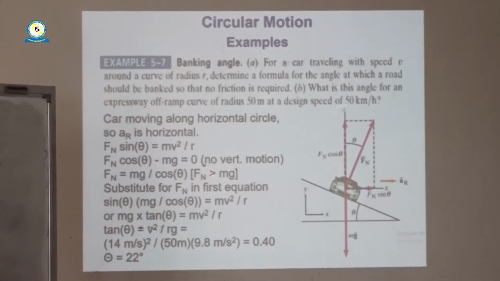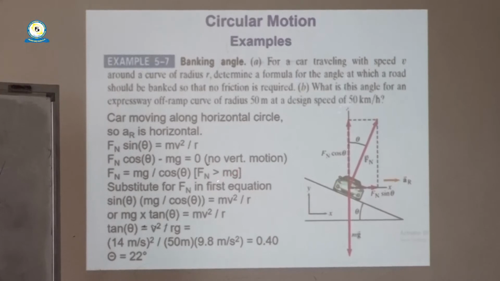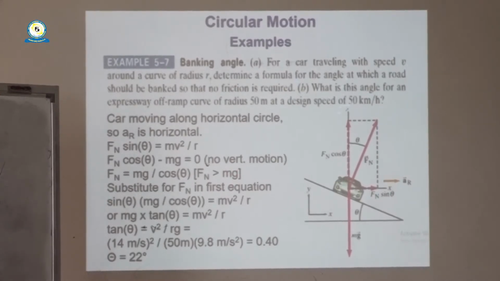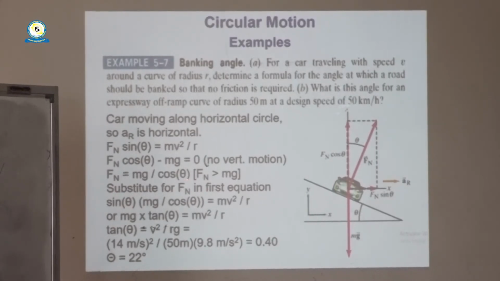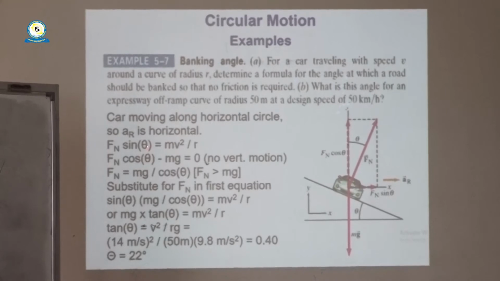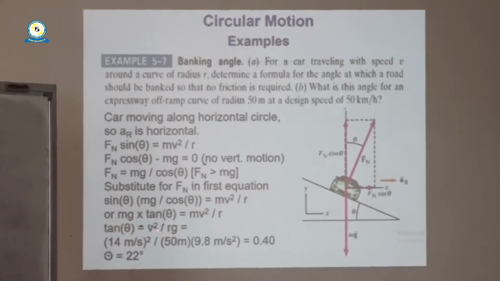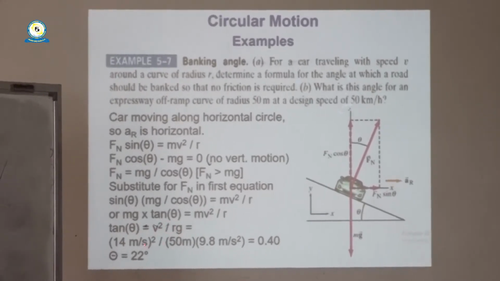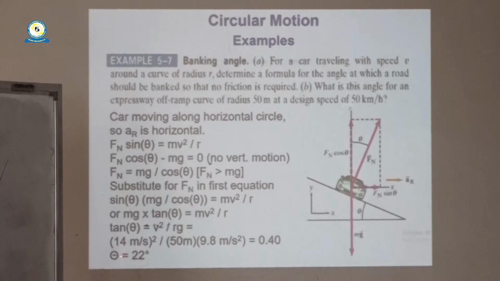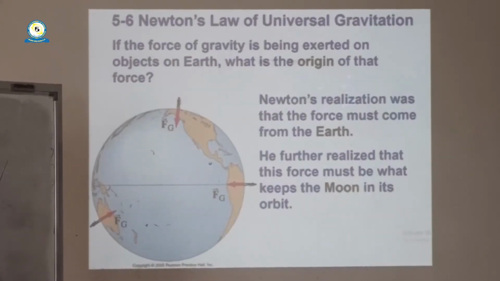Fn must be greater than mg. Substitute for Fn in the first equation. When you substitute there, you come to tan theta equals v squared over rg. You substitute, then you get theta, the angle of banking.